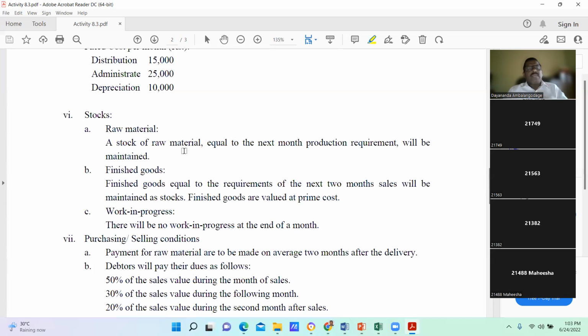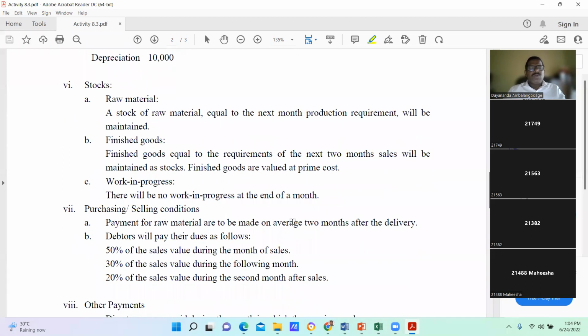Then the raw material stock equal to the next month's production requirement will be maintained. Always raw material stock is next month's production. Finished goods equal to the requirement of the next 2 months' sales will be maintained.